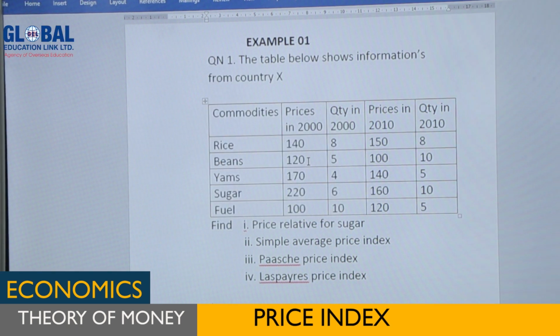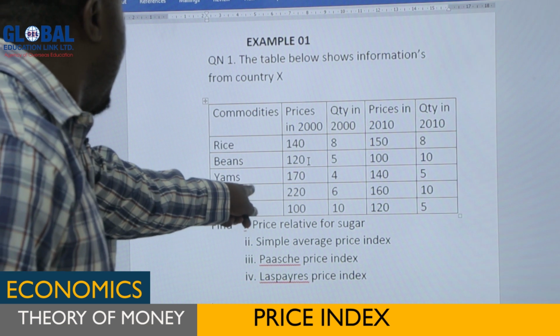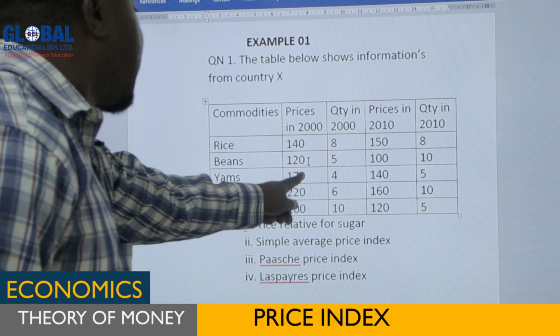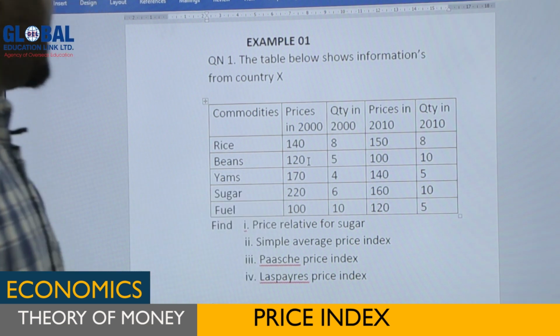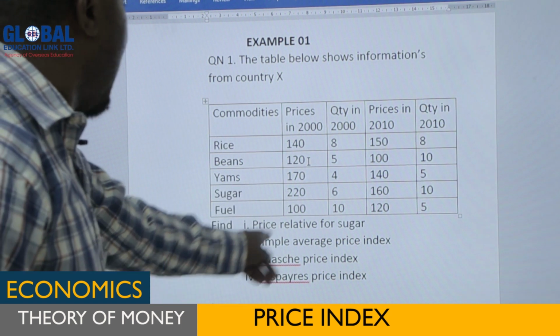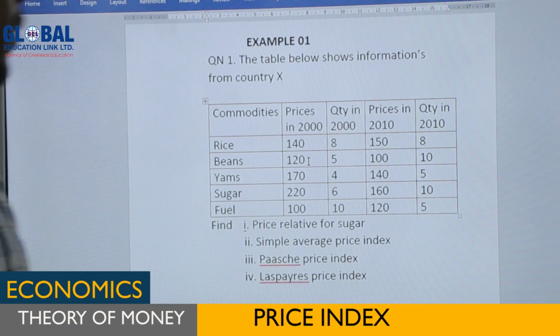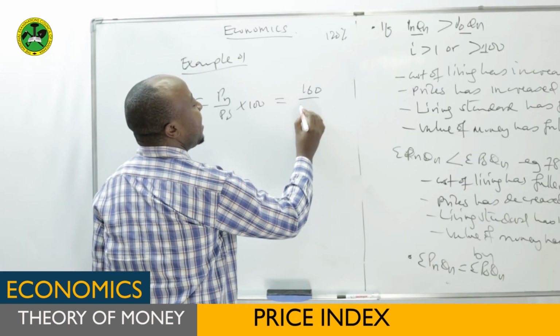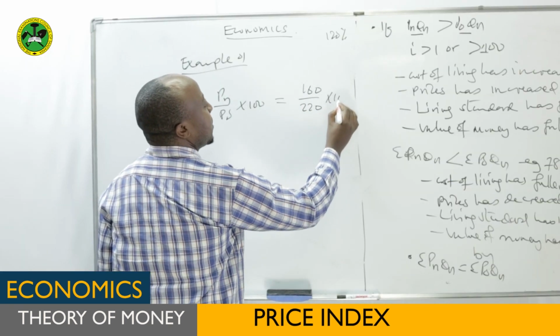Now for sugar, this 220 is the price in the base year, while in the current year we had 160. So our price index will be PN, which is 160, divided by 220, times 100.